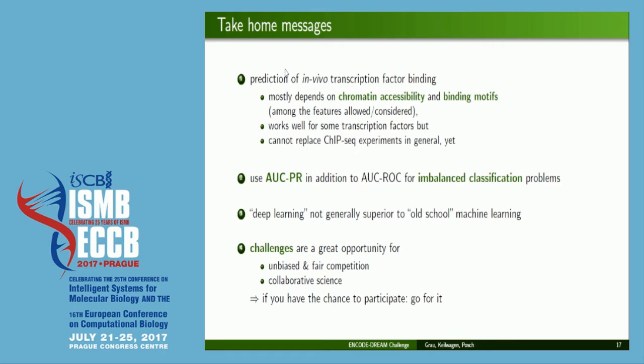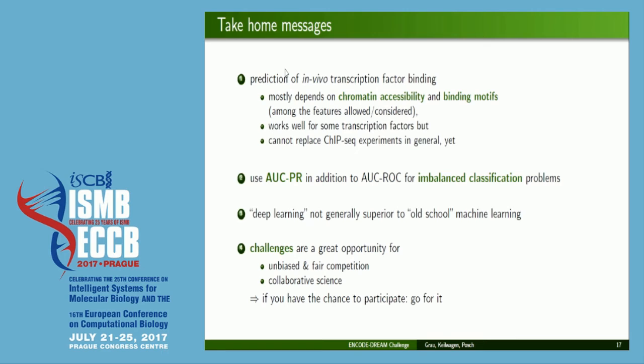What I would also like to emphasize is if you have imbalanced classification problems and you want to assess performance, use the area under the precision recall curve, at least in addition to AUC-ROC when assessing classification performance.